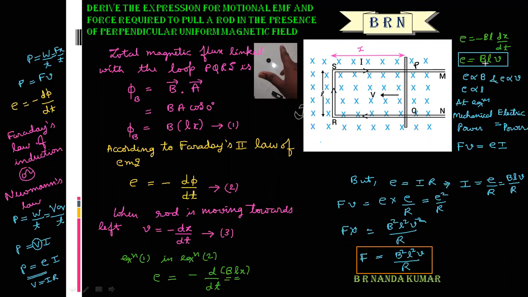So this is the mathematical expression for motional EMF, E is equal to BLV, and this is the mathematical expression for the force required to pull a rod in the presence of a perpendicular uniform magnetic field. So what is the meaning of motional EMF?